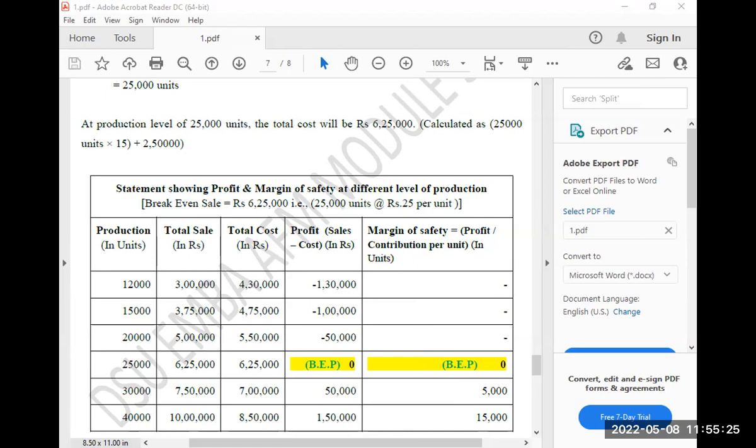ICAI marginal costing. If you type that, you'll get one file in Google itself. Second one. Chapter 12. Yeah. This one.